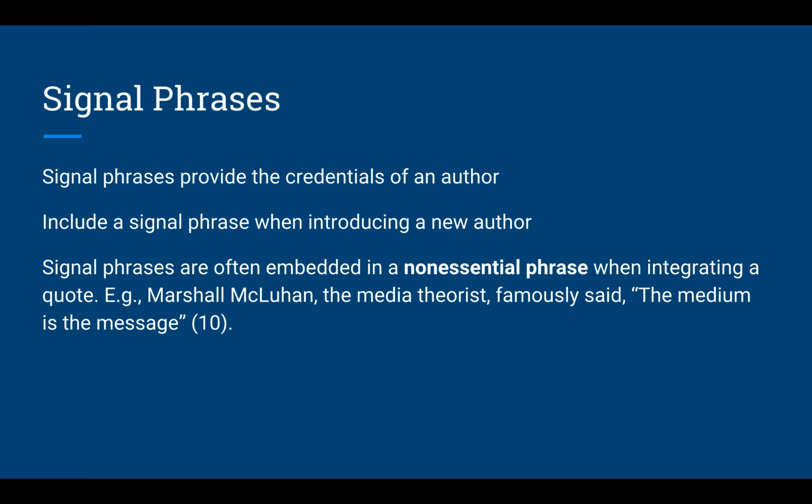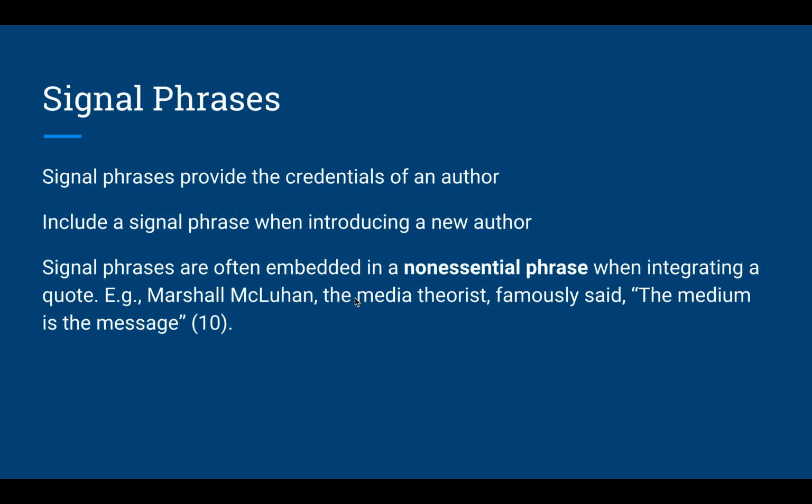And you can introduce them in a signal phrase. One way of doing it is putting that signal phrase, those credentials, in a non-essential phrase in the middle of a sentence. For instance, "Marshall McLuhan, the media theorist, famously said the medium is the message." So you're putting the signal phrase in a non-essential phrase.